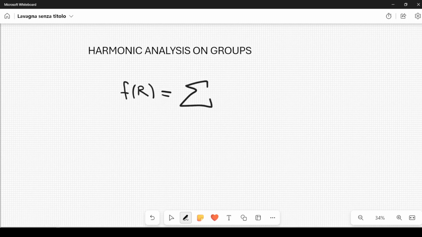Anyway, apart from this, we want to expand this function. And I will write the expansion, and then little by little I will tell you more about the details of the expansion. So we sum over 3 numbers, j and n and also m, and then here I have some coefficients, c, n, m, j, and then I have some matrices that depend on the group.